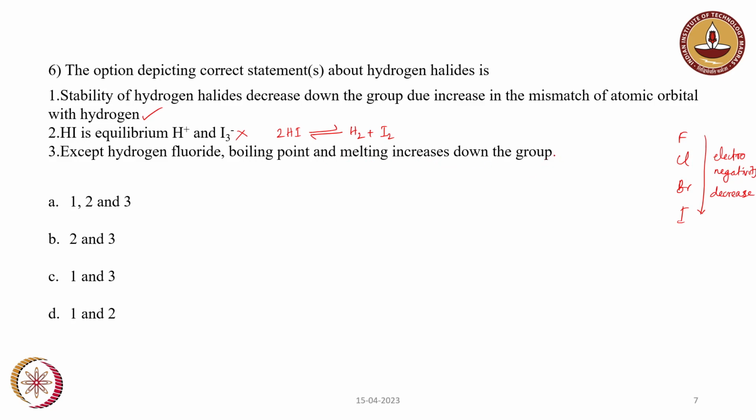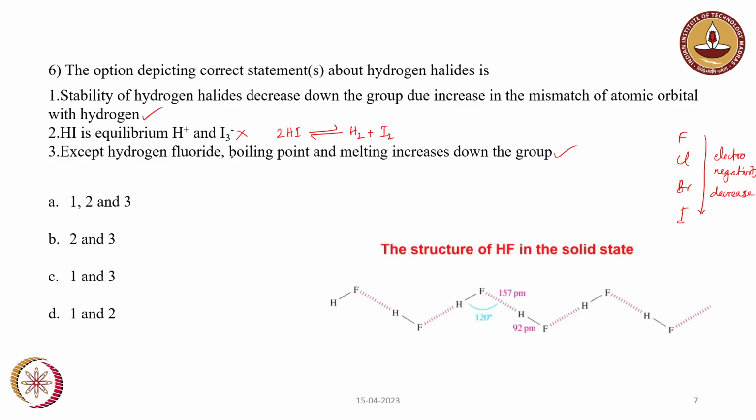So the statement is true because in hydrogen fluoride there will be hydrogen bonding, so it will have the highest boiling point and melting point, and while moving down the group the BP and MP increase. So the correct option is option C. Statements 1 and 3 are correct.